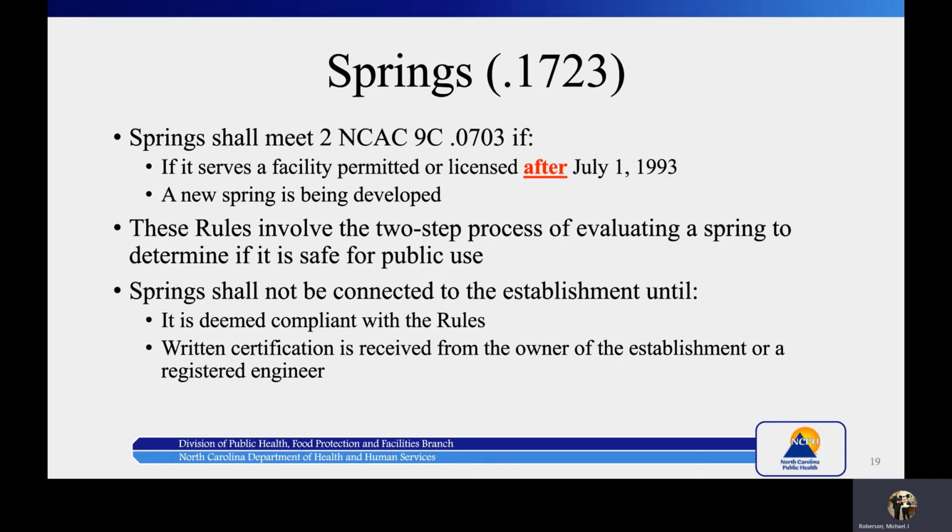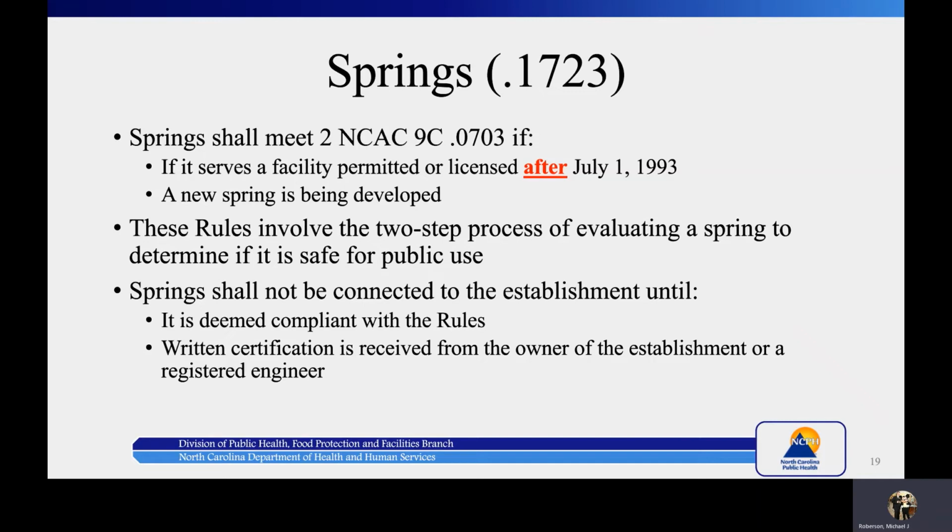These rules require a two-step process of evaluating a spring to determine if it's safe for public use. And springs shall not be connected to the establishment until it is deemed compliant with the rules and written certification is received from the owner of the establishment or a registered engineer. So bundling all this together, what this slide is trying to say is that it takes a lot to get a new spring up to standard and to meet the rules, because of the very nature of a spring and how things can change with a spring.